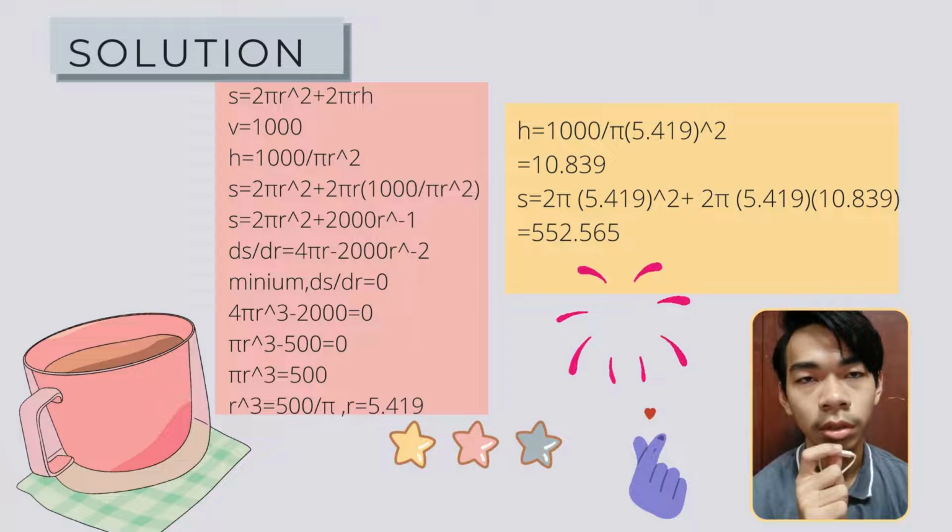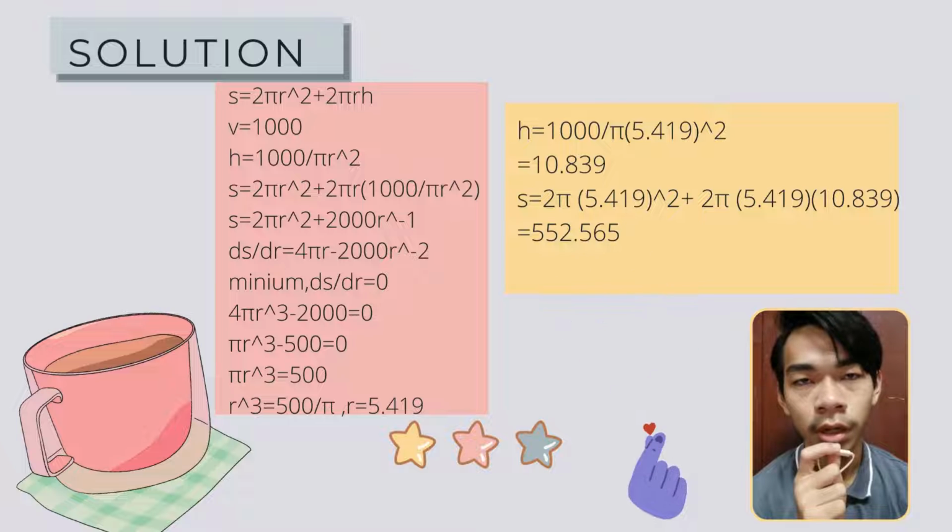So S equal to 2 pi r squared plus 2 pi r multiplied by 1000 divided by pi r squared, and then we get S equal to 2 pi r squared plus 2000 r to the power of negative 1. ds/dr equal to 4 pi r minus 2000 r to the power of negative 2.